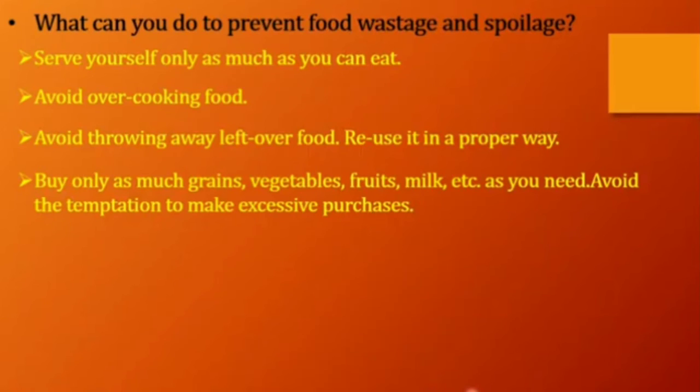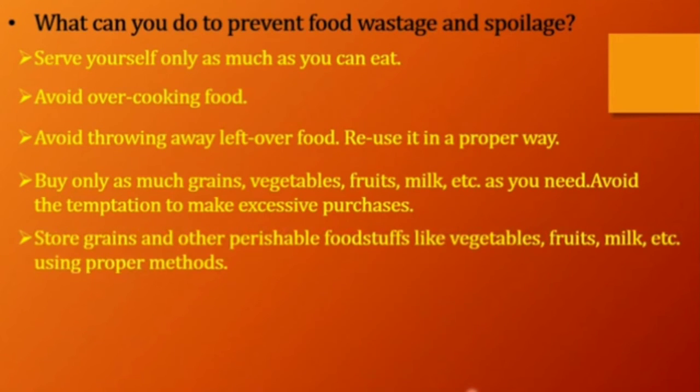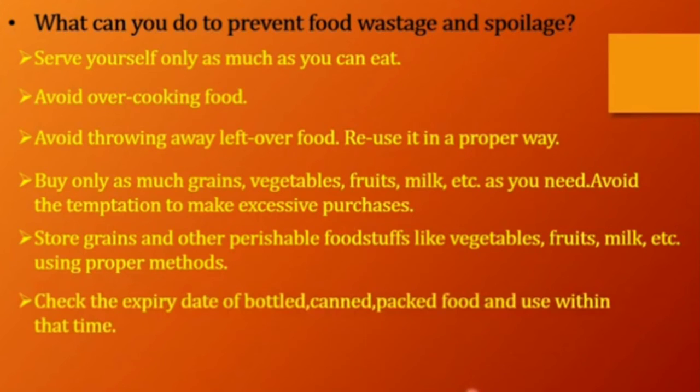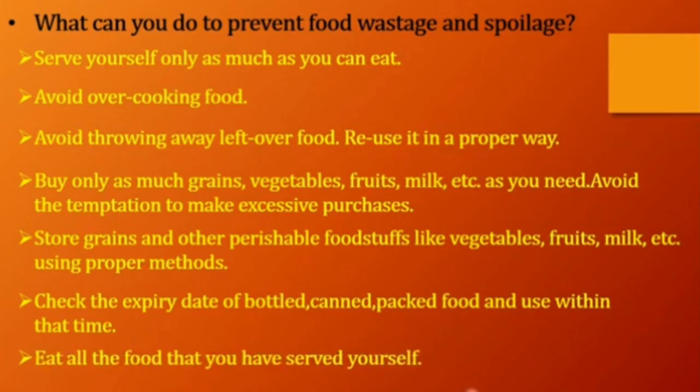Avoid the temptation to make excessive purchases. Store grains and other perishable foodstuffs like vegetables, fruits, milk, etc. using proper methods. Check the expiry date of the bottled, canned, packed food and use within that time. Eat all the food that you have served yourself.